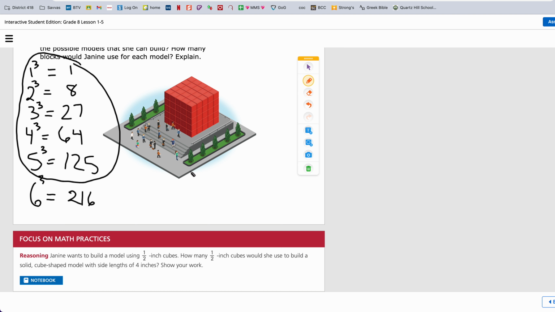So if we need to do 8 cubed, 8 by 8 by 8, that's going to be more than 128. Yeah, so she would need 512 1/2-inch blocks to make a 4-inch cube, right? All right.